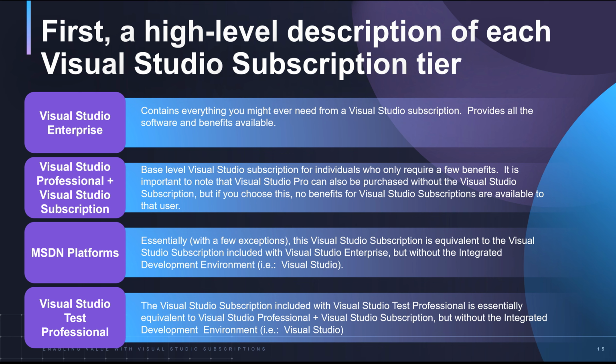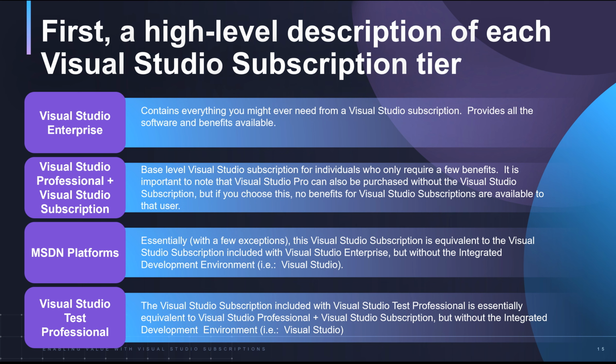The next most popular one is actually the lowest SKU, or the cheapest SKU, associated with Visual Studio, and that's Visual Studio Professional. Now, you may notice that I've added Visual Studio Professional plus Visual Studio subscription. That's because you can purchase Visual Studio Professional without a Visual Studio subscription if you choose.